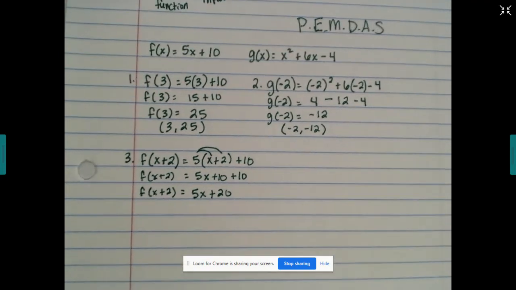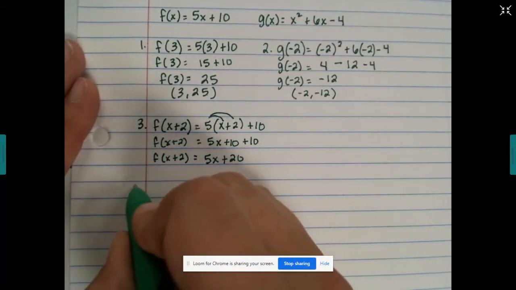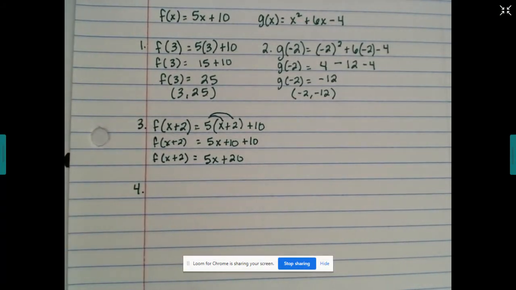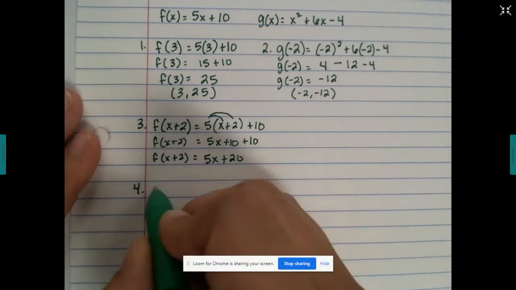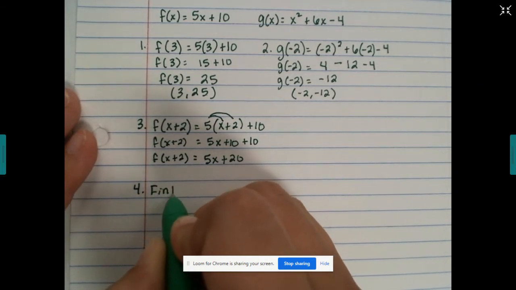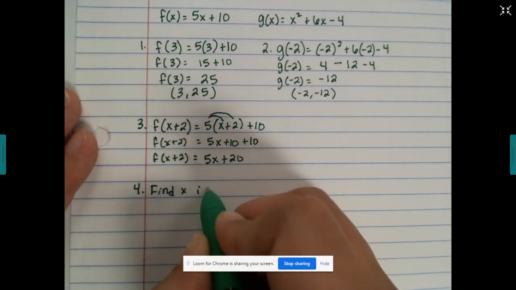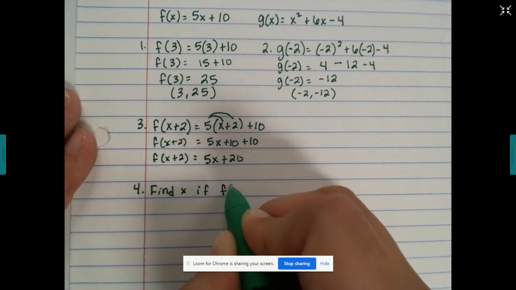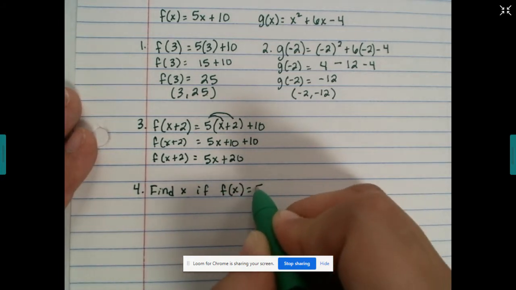Okay, so then the other thing that you need to do with these functions is be able to find the x value when you know what f of x equals, or g of x. So let's say we want to find x if f of x equals 50.